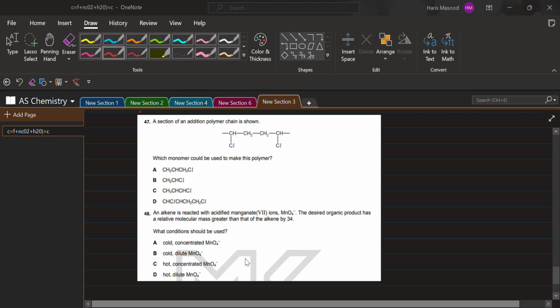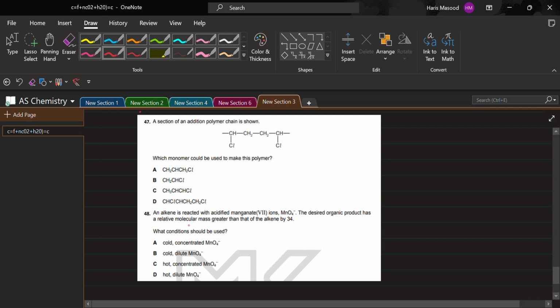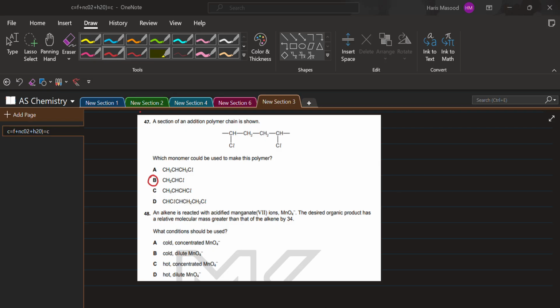Answer is B. And what about 48? Yes. What have we added in it?